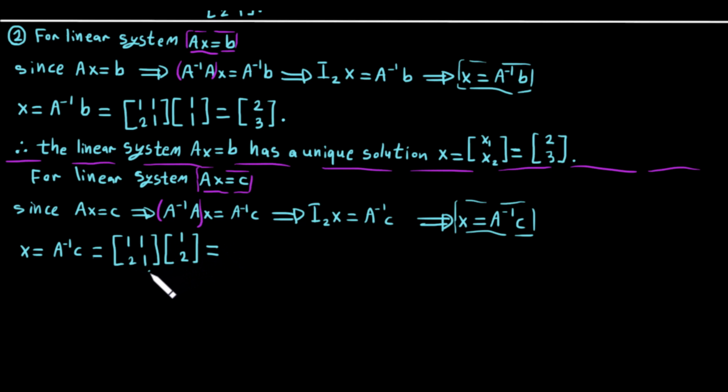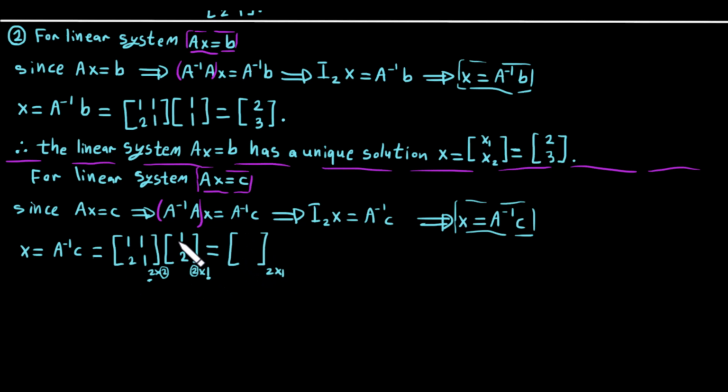Since here it is 2 by 2 and here 2 by 1, because it has 2 rows and 1 column, and here it has 2 rows and 2 columns, the result matrix has to be size 2 by 1, so it has 2 rows and 1 column.